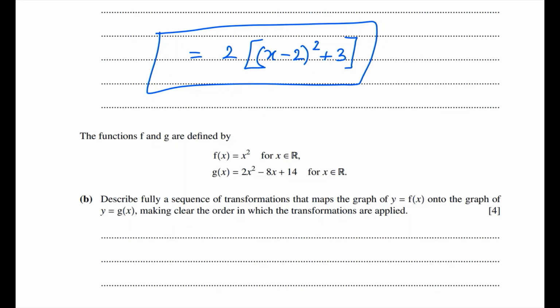The functions f and g are defined by f of x equal to x square and g of x equal to 2x square minus 8x plus 14. Describe fully a sequence of transformations that maps the graph y is equal to f of x onto the graph of y is equal to g of x, making clear the order in which the transformations are applied.